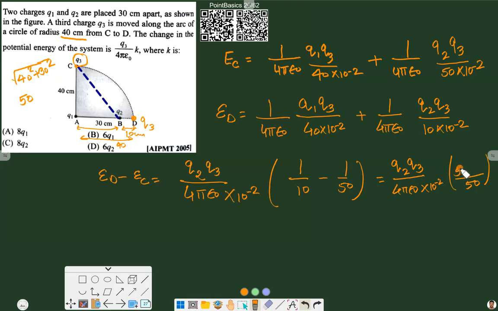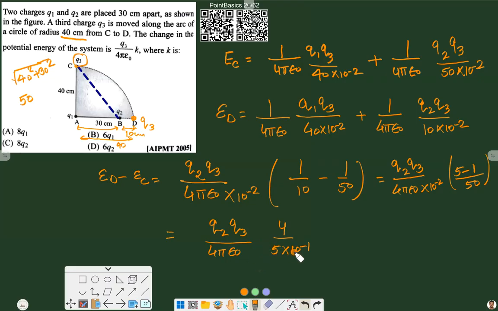So here we will get 5, here we will get 1. So this will be Q2, Q3 divided by 4 pi epsilon naught, into 4 by 5 into 10 raised to power minus 1.